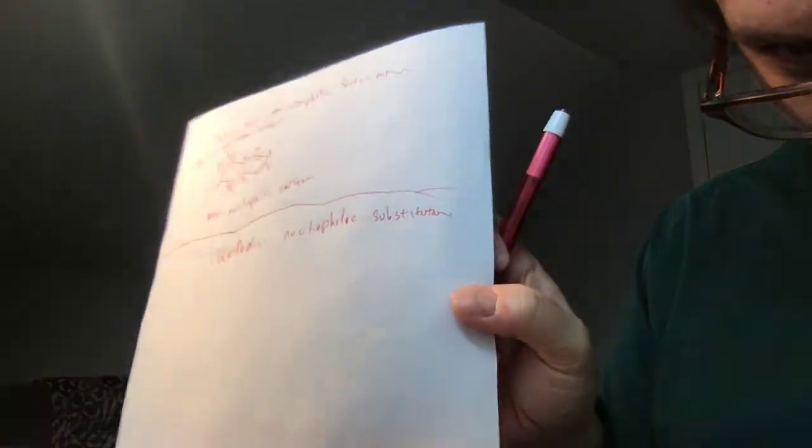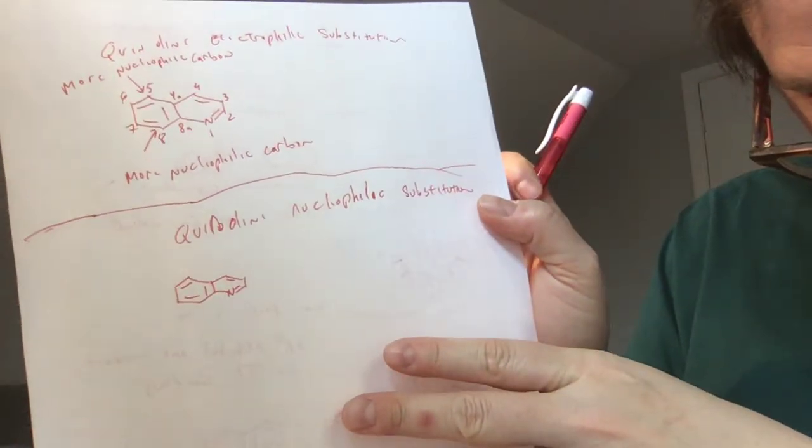Okay, so for quinoline nucleophilic substitution, the way that this is going to work is we're going to draw our quinoline ring again, and then we look at the nitrogen, and we have positions relative to the nitrogen.